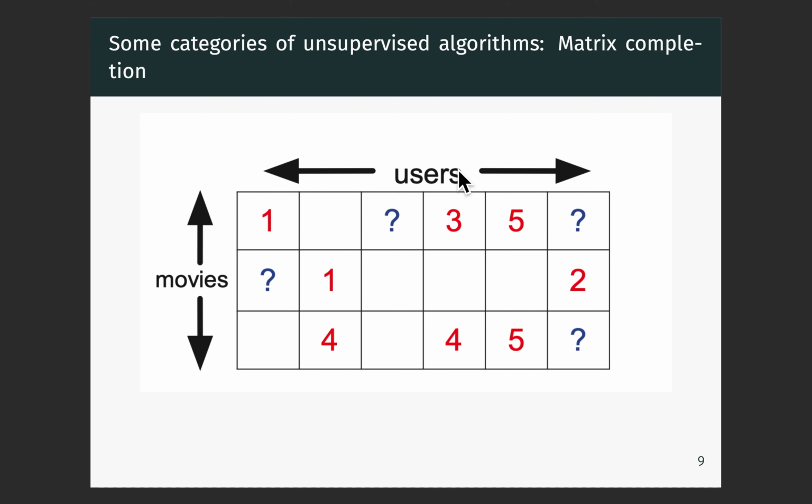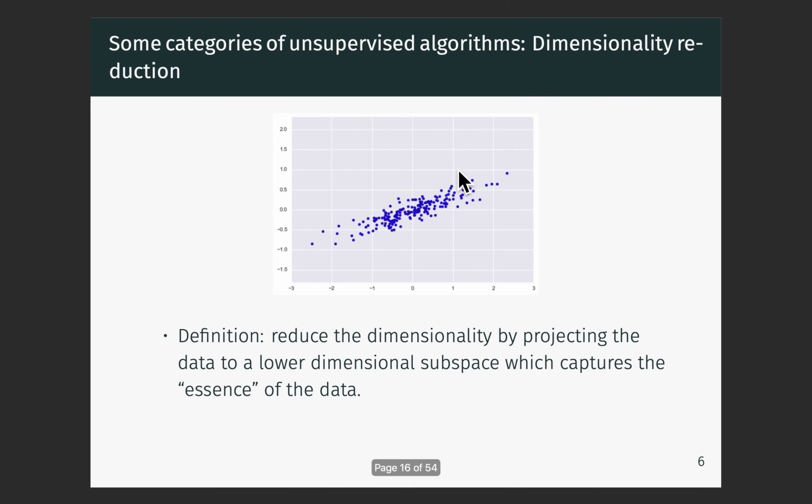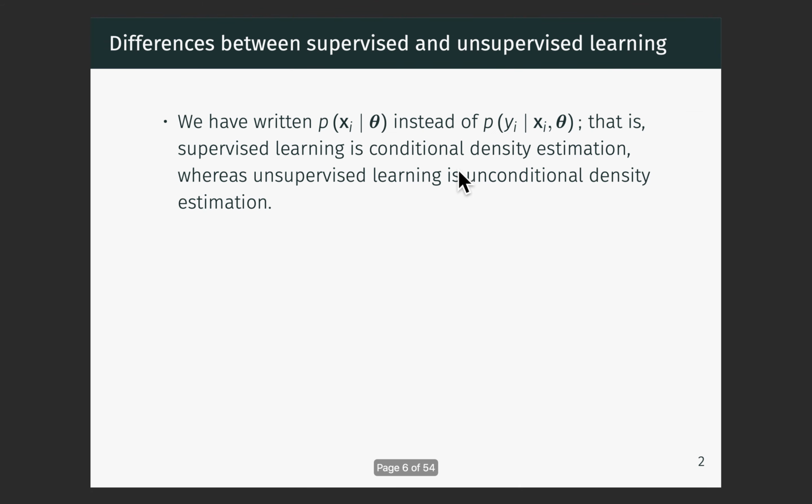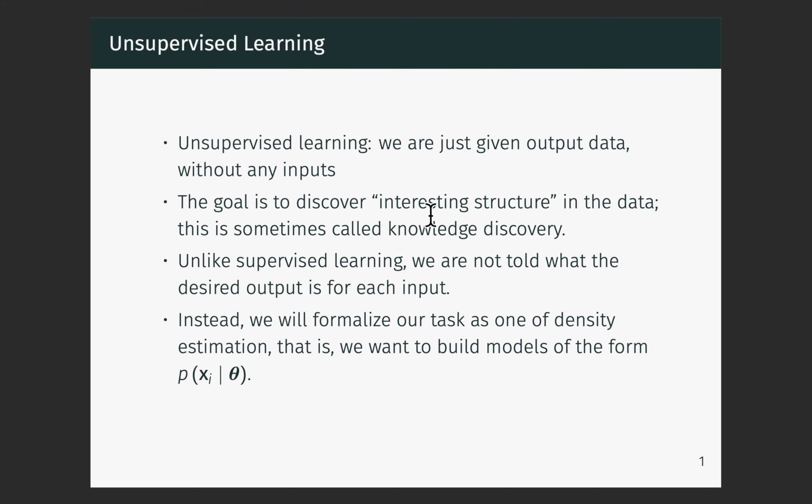So one way to do this is to, again, assume that we can discover some interesting structure in the data. That's the aim of unsupervised learning.